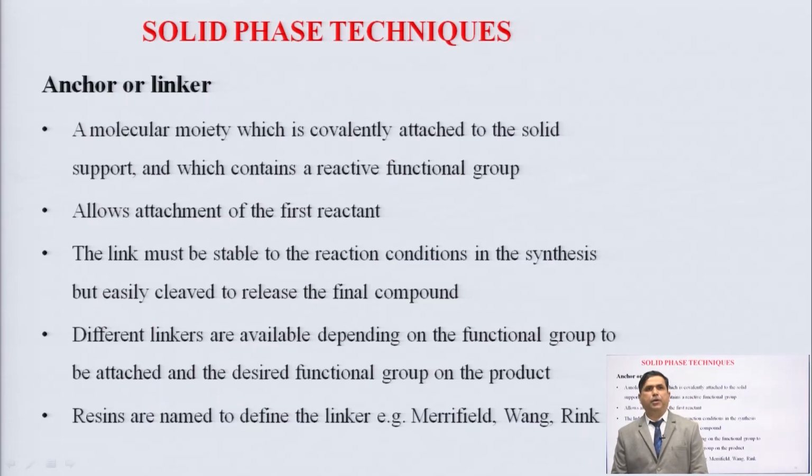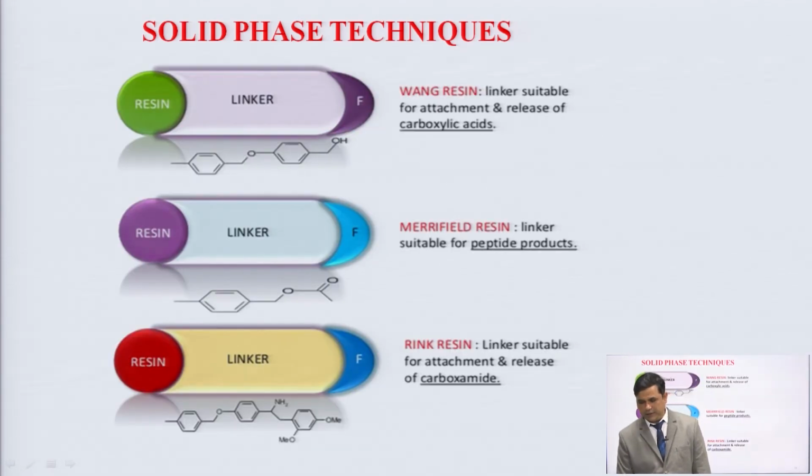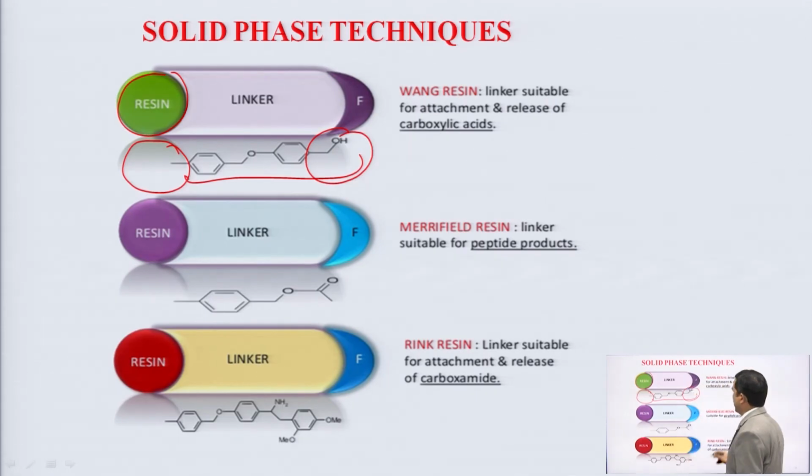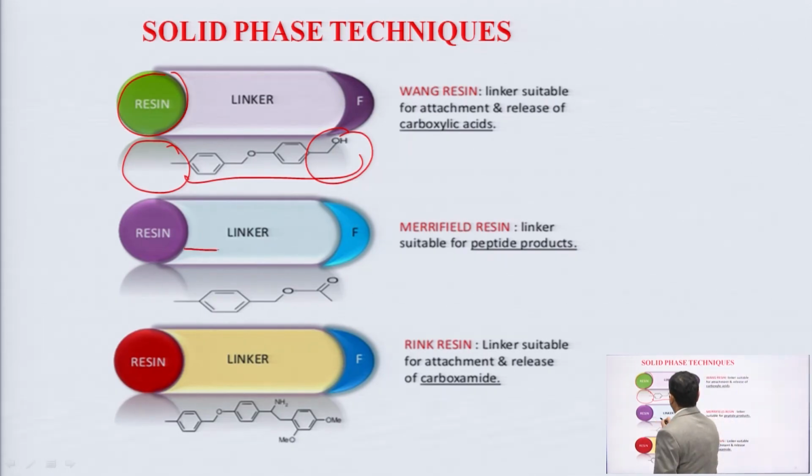Resins are named to define the linker, that is Merrifield resin, Wang resin and Rink resin. In solid phase synthesis, here this is the resin and this is the linker, and at one end it will link with this resin, and there are some groups that will form a bond with the reactant.